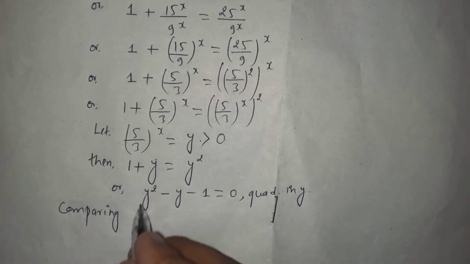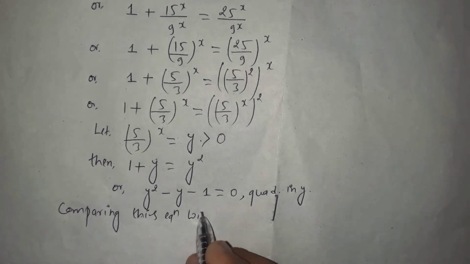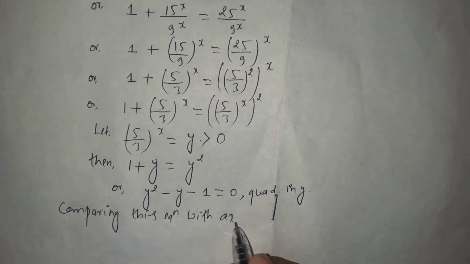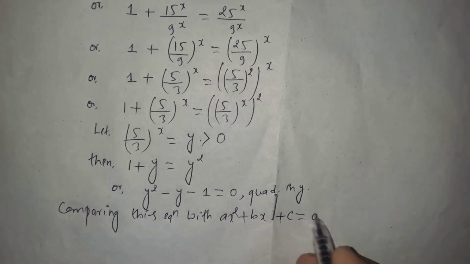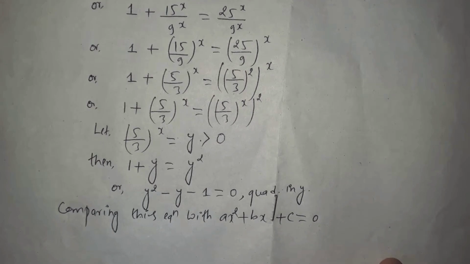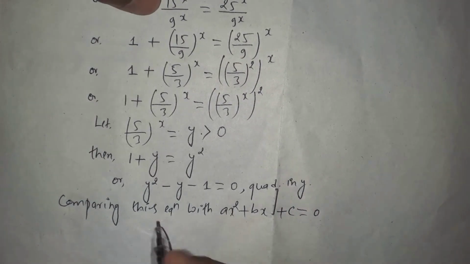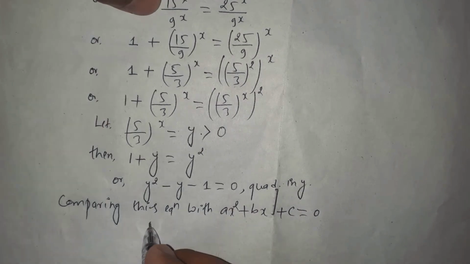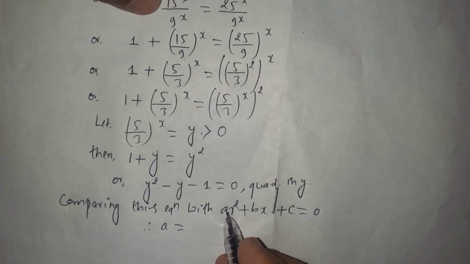Comparing this equation with the standard form of the quadratic equation, ax square plus bx plus c equals 0. Let's compare to get the values of a, b and c. After comparing, the value of a is the coefficient of x square.